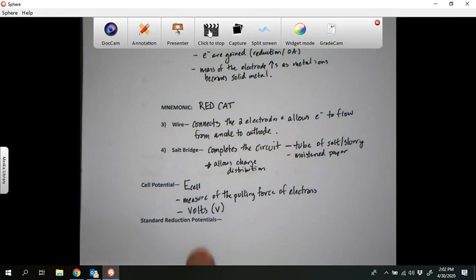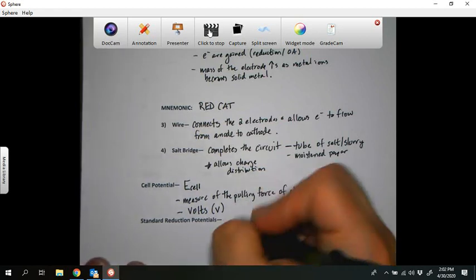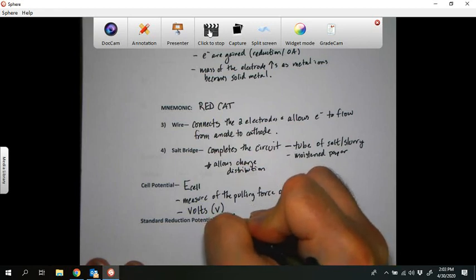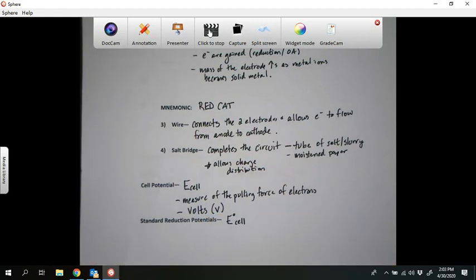And we are going to be looking at a standardized reduction potential. And the one chart that I ask you to print out or to have open is going to be a list of standard reduction potentials. So they're only in one direction, the reducing direction. So this is symbolized with a little prime symbol that tells us that it's standard. If you think back to thermochemistry, we had standard conditions in which we measured our thermochemical values like enthalpy and entropy and Gibbs free energy, this is the same sort of thing.